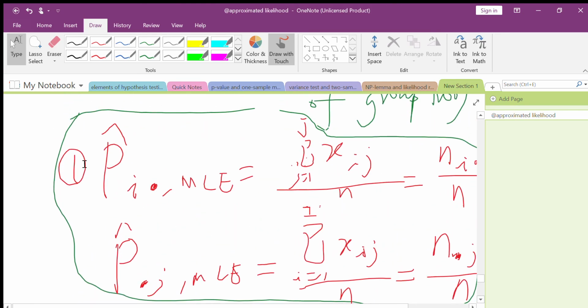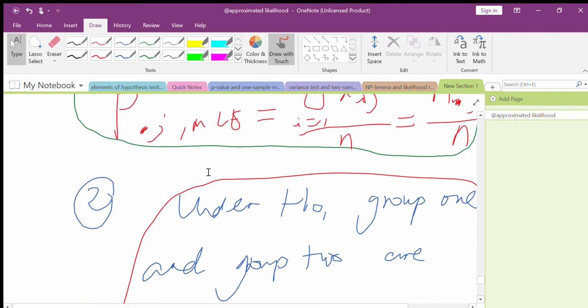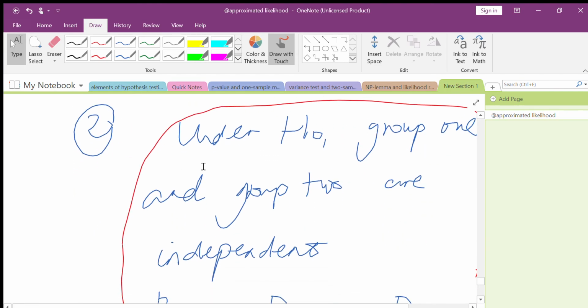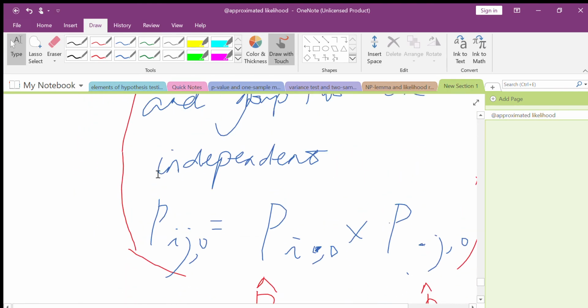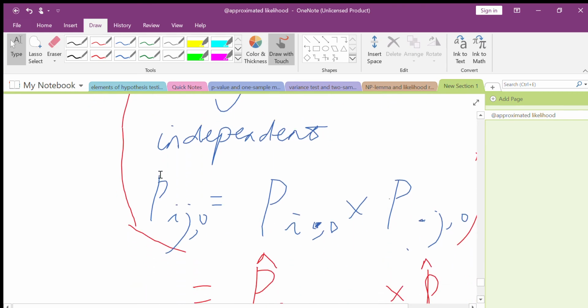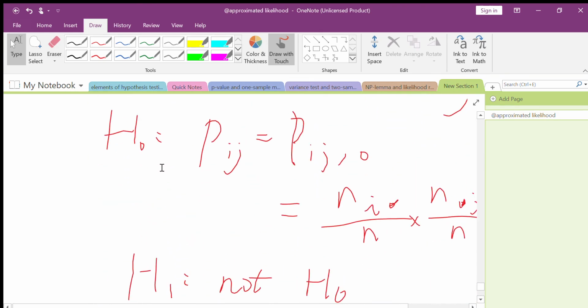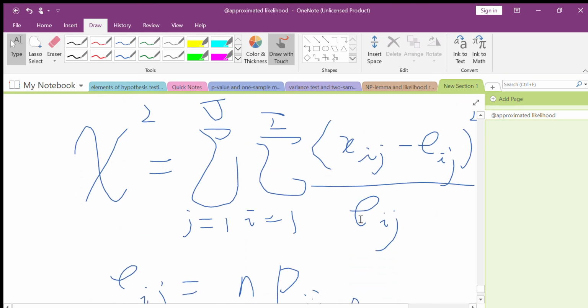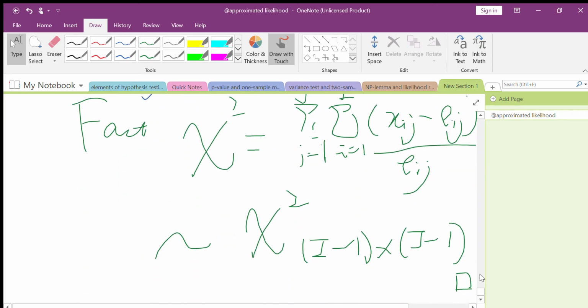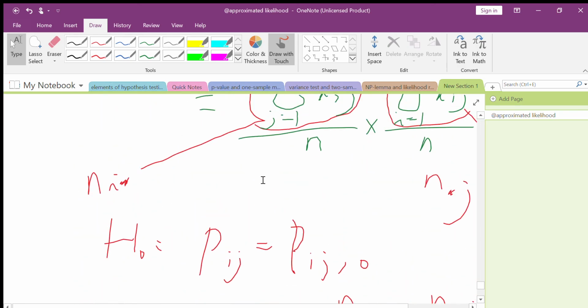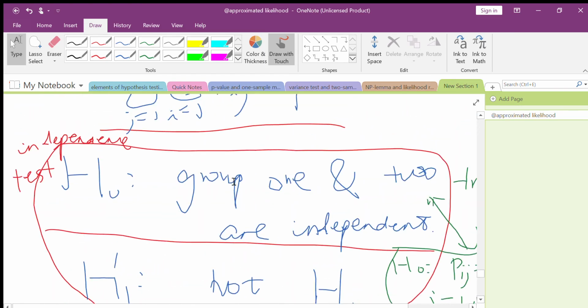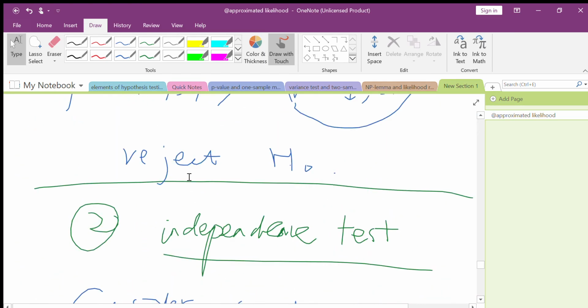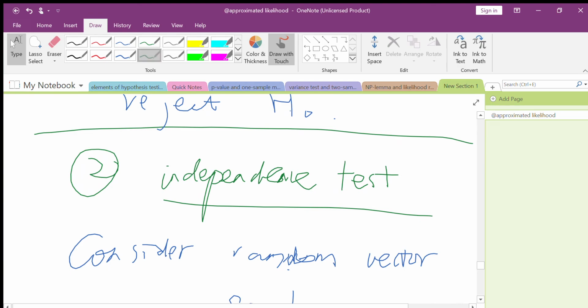The first step, get the maximum likelihood estimation, then we apply the principle, and under H null we translate the independence hypothesis to our chi-square test hypothesis, and then we apply the chi-square test statistic. So this is the second application of the chi-square test statistic in categorical data analysis, the independence test.